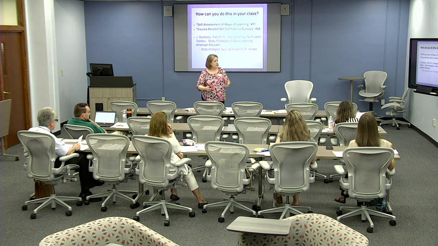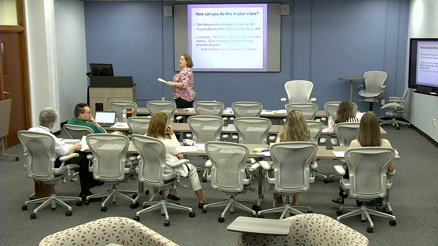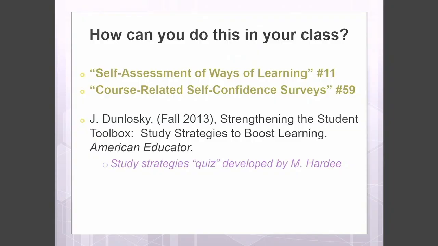Okay? So what I want to show you is you're going to do a little quiz. This is based on a paper in 2013 by Dunlosky, where he summarized the research out there on what student study strategies work well. Have you done this before? Okay, good.